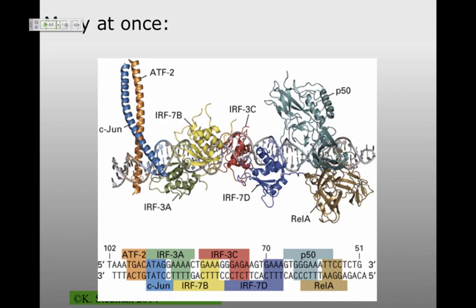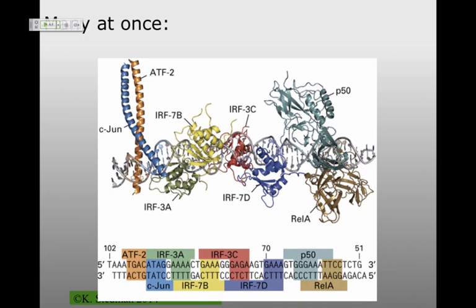As if that wasn't complicated enough, this is what a normal promoter or gene regulatory sequence would look like, bound to multiple different proteins, some of these heterodimers, and it's this combination of proteins and the combination of binding sites down here, which allows you really fine-tuned regulation.